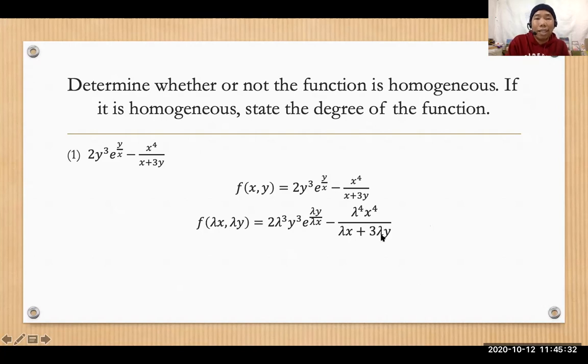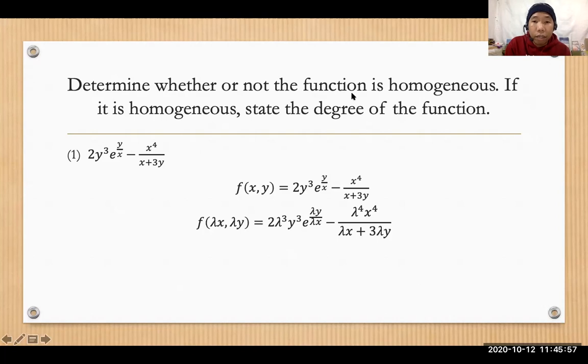Now the next step is to factor out or remove lambda in each term of the given function. If you can factor out lambda, then that is a homogeneous function, and the degree of that lambda will determine the degree of the function.